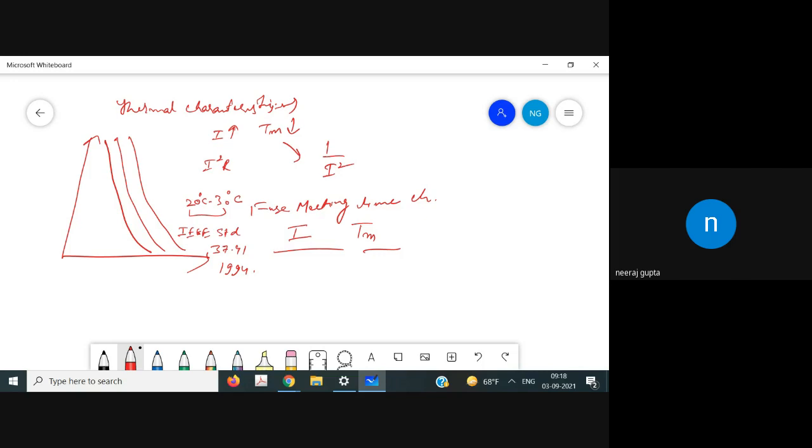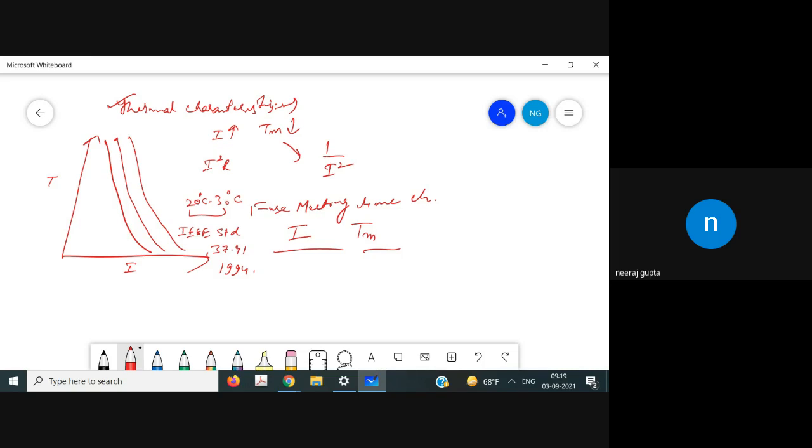The small melting time of the fuse at a very high current distinguishes it from most protective devices. The graph drawn is time in seconds against current in amperes, as discussed in the last lecture. So this is about the thermal characteristics.